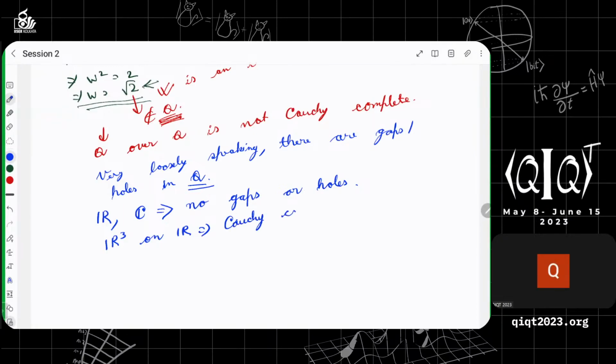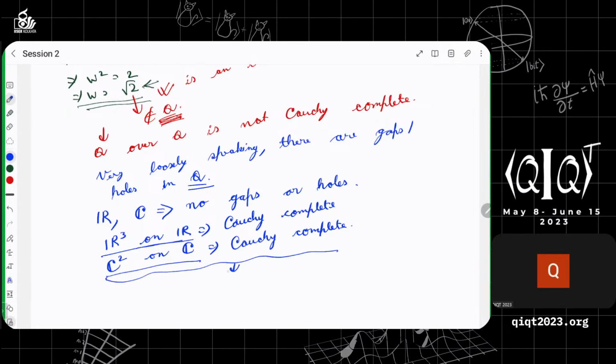So it will be Cauchy complete, or C2 over C. These vector spaces would be Cauchy complete. And since they already have inner products defined on them, they will also be Hilbert spaces.